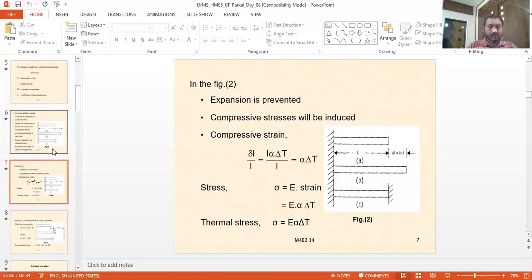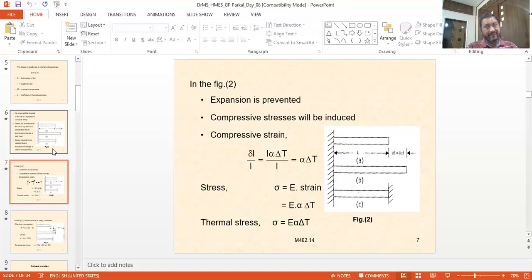Now we know that when the expansion is prevented, the body is subjected to a compressive force. So whenever the free expansion is avoided by a support, the body is subjected to, as if it is subjected to, compressive force, and a compressive stress will develop.